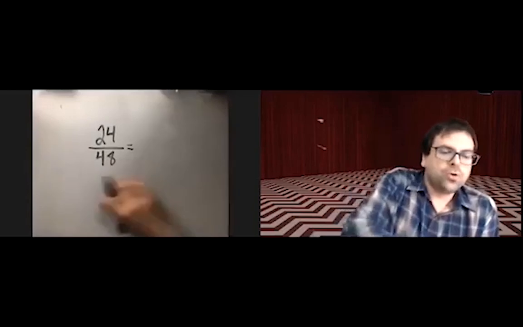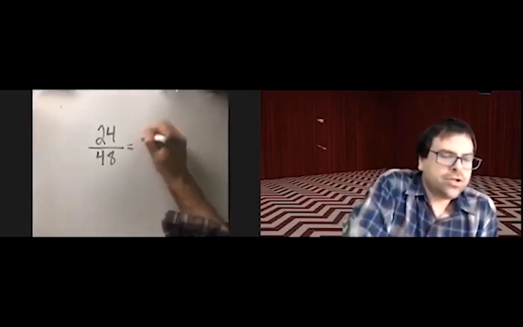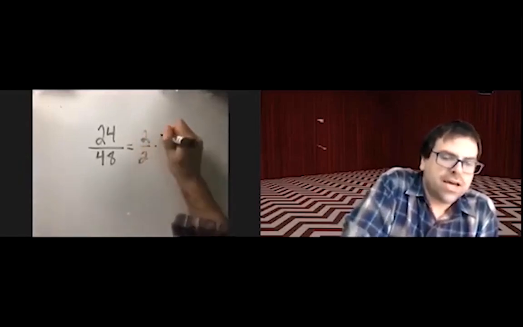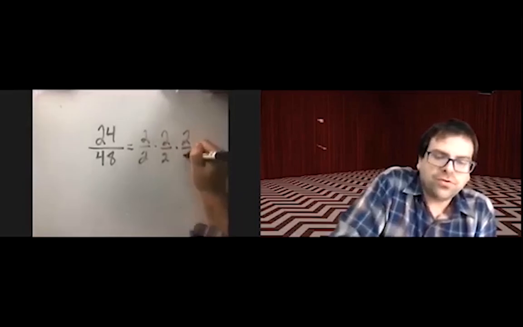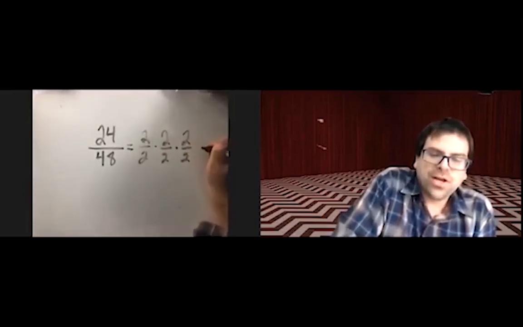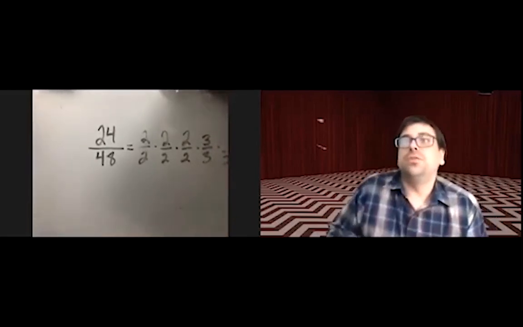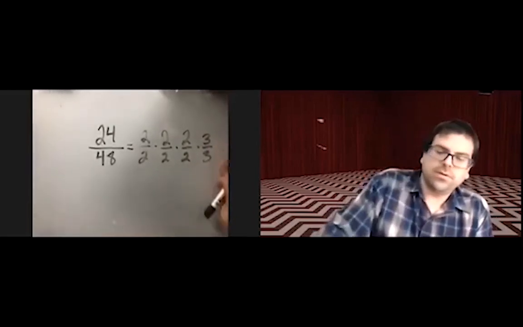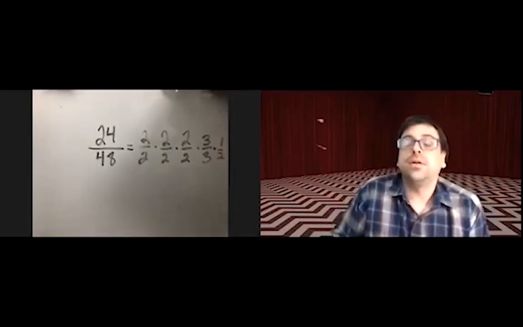So really what's happening when we reduce this is we're getting 2 over 2 times 2 over 2 times 2 over 2 times 3 over 3 times 1 over 2.